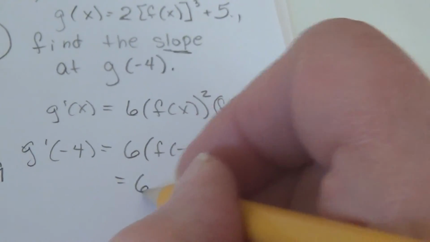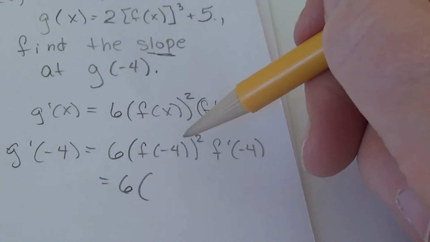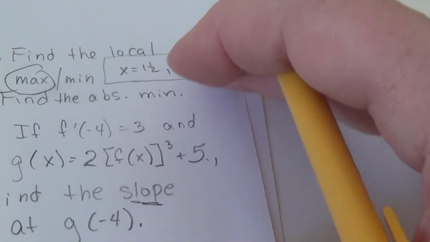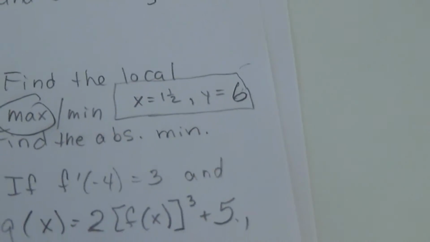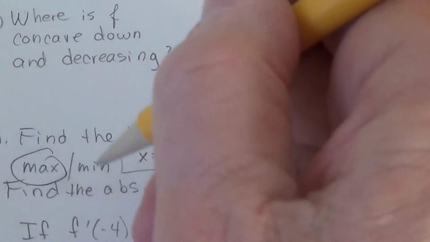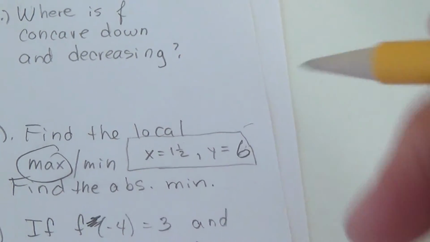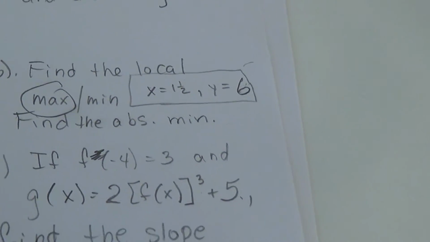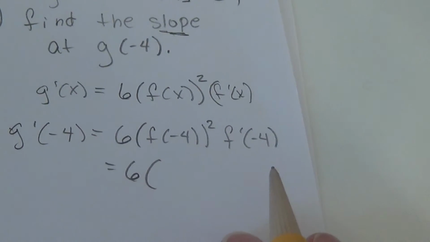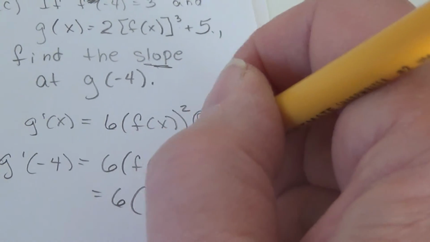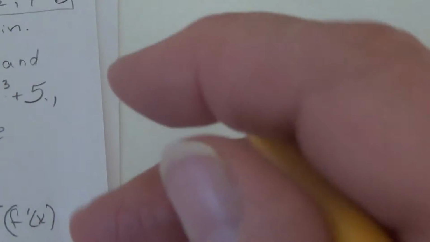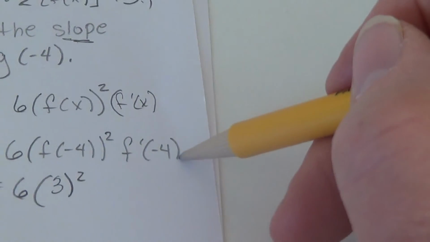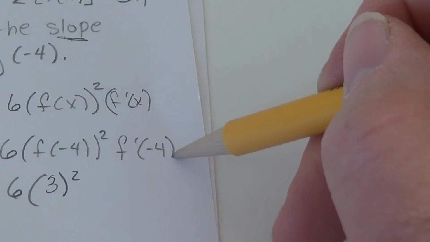So we get 6. F of -4 is given in the problem. No, f of -4. I think it should have been given in the problem. This was supposed to be f of -4 is 3. So I'll go back down here. F of -4 is 3 squared. And then f prime of -4 is, where's that going to come from?